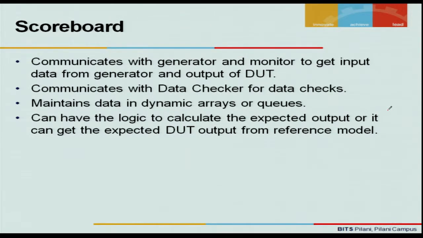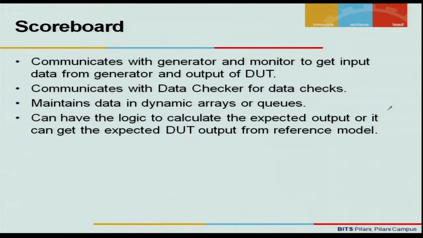It will put the input data on a queue, and whenever it gets output, it will put that data into the output data queue, and it can communicate with the data checker. You can pass input data and output data, and once the data checker has both, it can perform data checks. Sometimes we can put the logic in the scoreboard also.